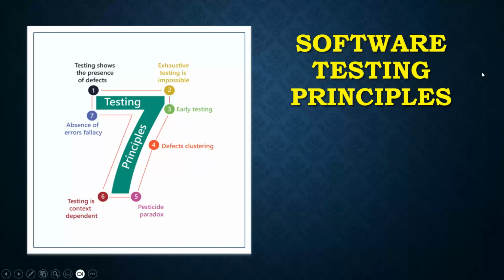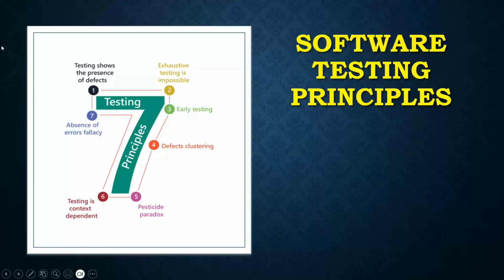So software testing principles we will discuss in this slide. These are the seven software testing principles that we are currently using in the software industry. These principles show why we need software testing, when we should start the software testing, and what the impact could be on the project.